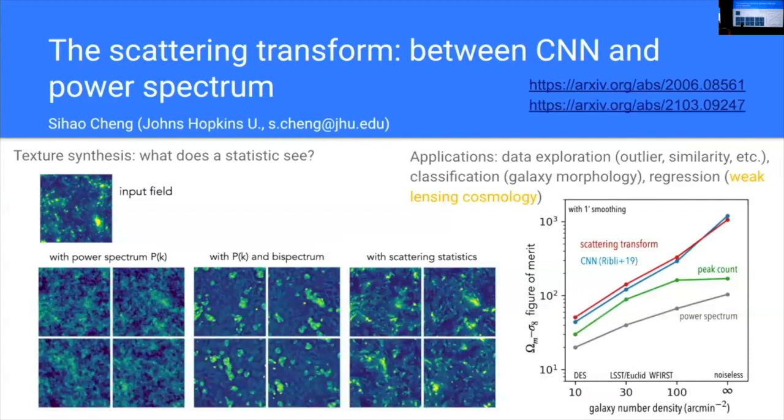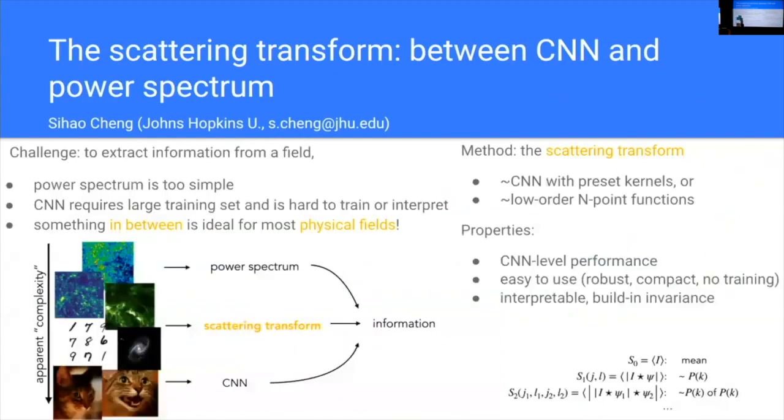Oh, there we go. Quit and display again. I don't know who's controlling it. Can we refresh this particular slide? Okay, thanks.